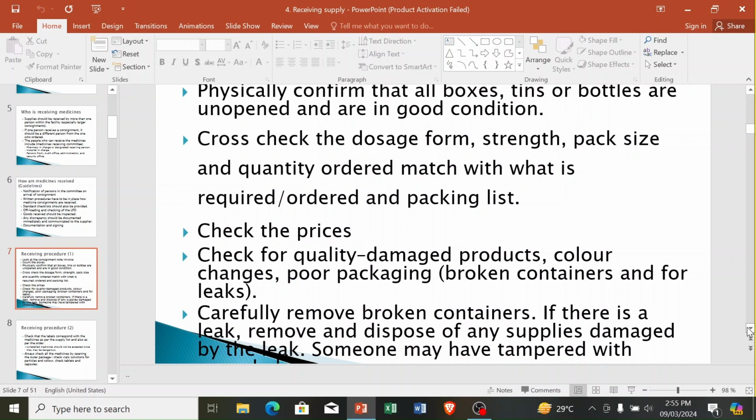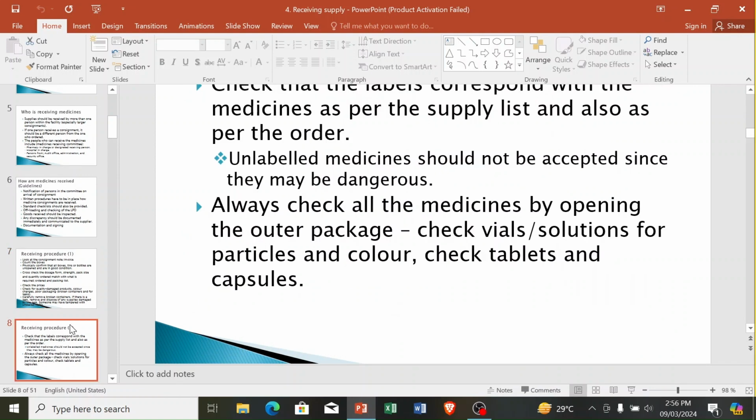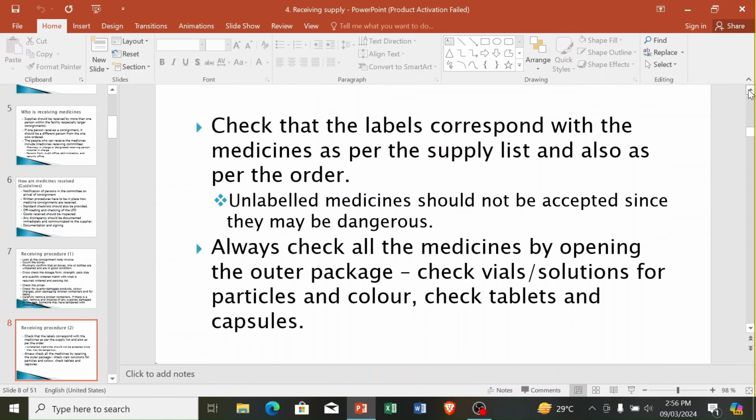Because of that, there is need for us to dispose of all of them, because the specific chemicals or active compounds and excipients used in the container that got broken might affect the quality of the ones that are not broken. Someone may have tampered with it, which is why it is leaking. So there is need to dispose of that.